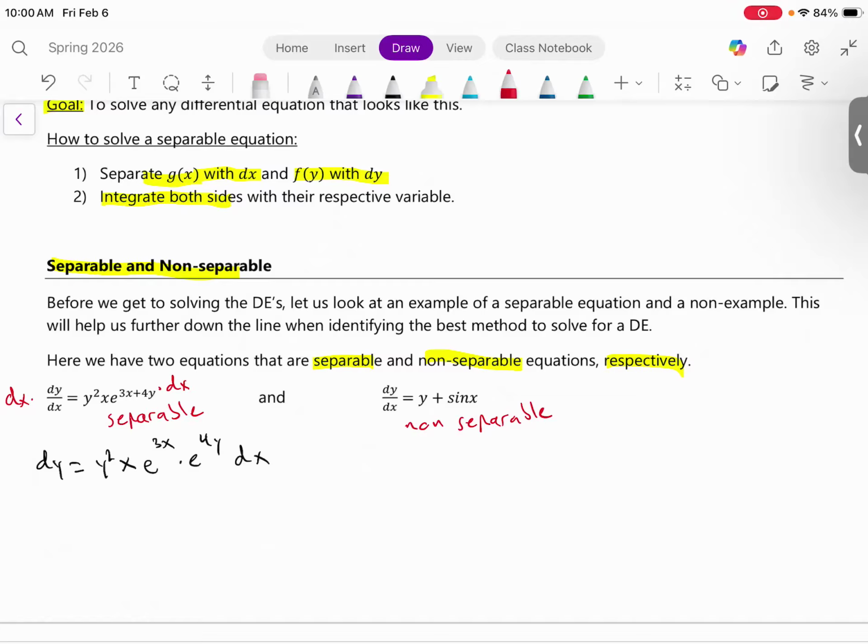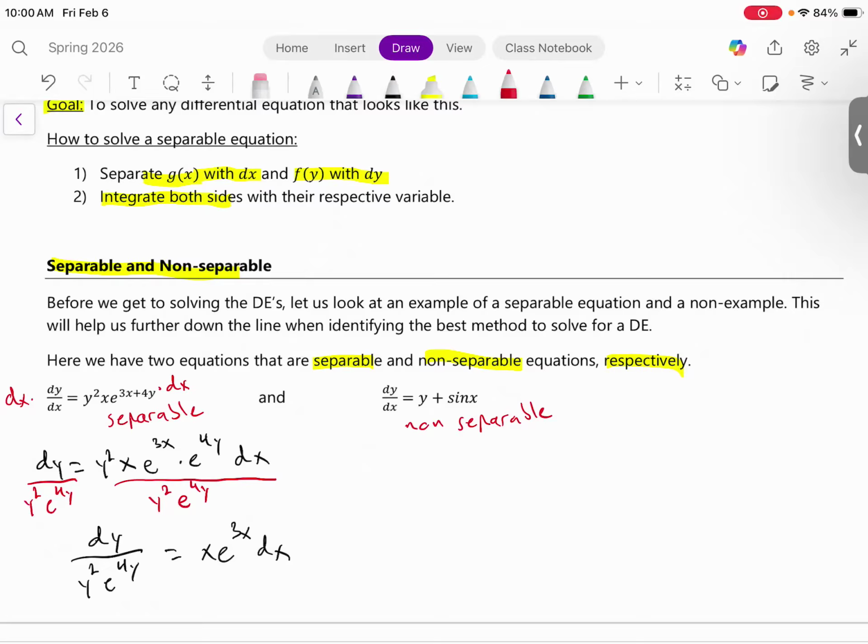Now I'm going to clear out all my y terms to the left side. I'm going to divide by y squared e to the 4y. What I'm left with is dy over y squared e to the 4y equals x e to the 3x dx.